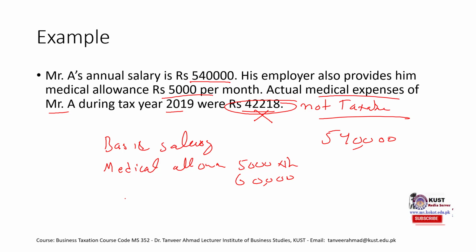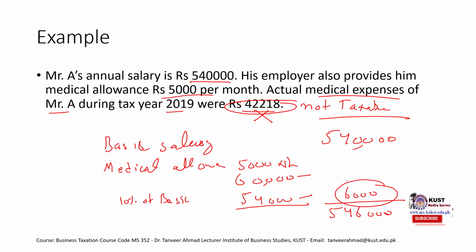How much amount is exempted? 10% of basic salary. 10% of 5,40,000 would be 54,000. So we are getting 60,000 as medical allowance, 54,000 exempted. So the remaining 6,000 will be included in our taxable income, right?